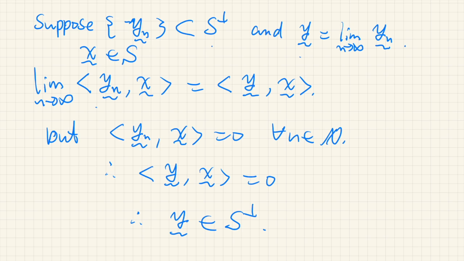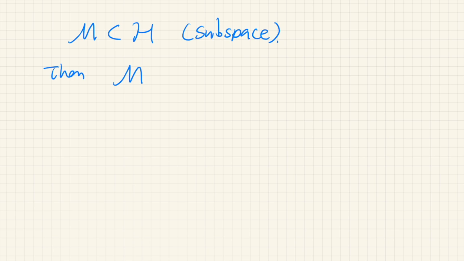And we are done. Next, let M be a subspace of H. So not just a subset, but a subspace. Then the intersection between M and M complement consists of only the 0 element. Of course, this 0 element means the 0 vector in the Hilbert space.